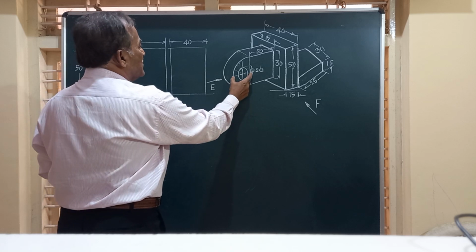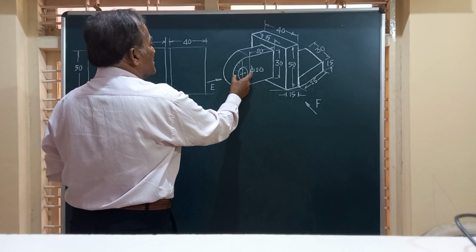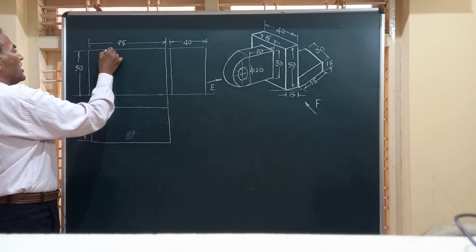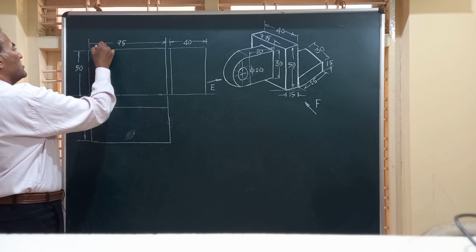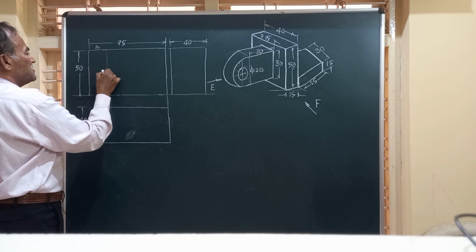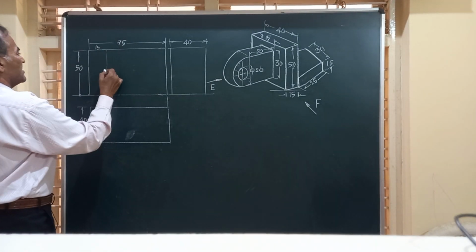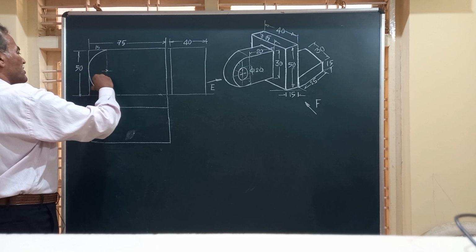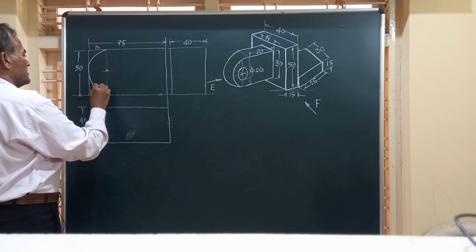This is 30 and this is going to be 50. From this end, I am going to mark a line at a distance of 15 millimeter, and taking the center of this width, I am going to draw a semicircle. With this as center and this distance as radius, I draw the semicircle.